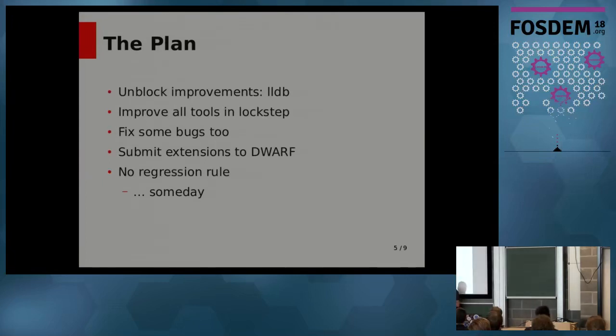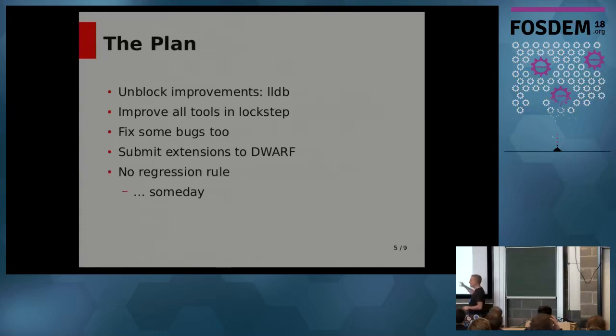And then eventually, what I want to get to is a new rule for Rust, which is you can't add a feature without adding debugger support. I think the way that I would want that to work is the compiler folks will do the compiler side, and someone probably will do the debugger side. But the idea would be, if you add a new Rust language feature, you have to plan for debug information at that moment and not leave it as an afterthought.